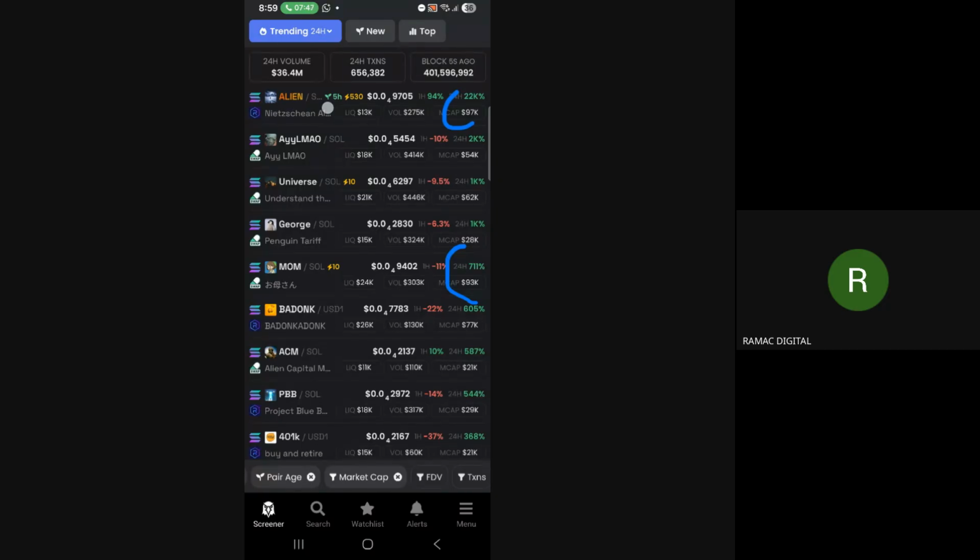So if you put like $10 in this token, you'd have gotten like $2,200. If you put $100 in that token, you'd have gotten $22,000. And people will be like, how did people put in?